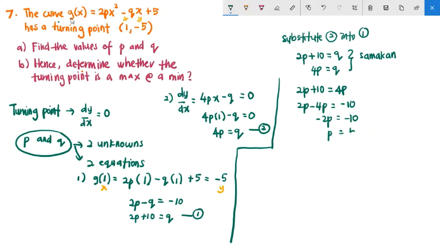P is equal to 5. Next, q is equal to 4p, so q is equal to 20. Okay, alright. So the answer: P and Q, done.